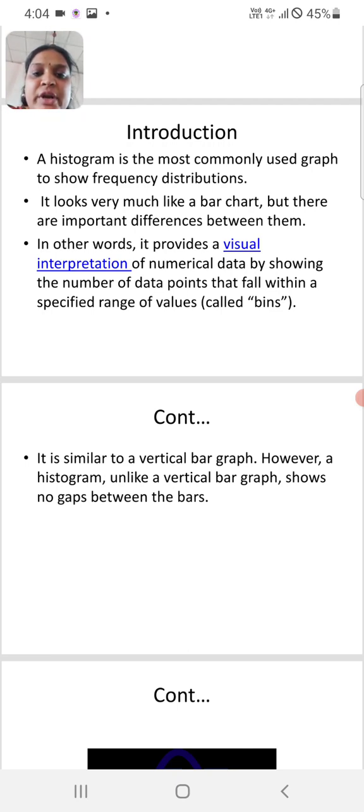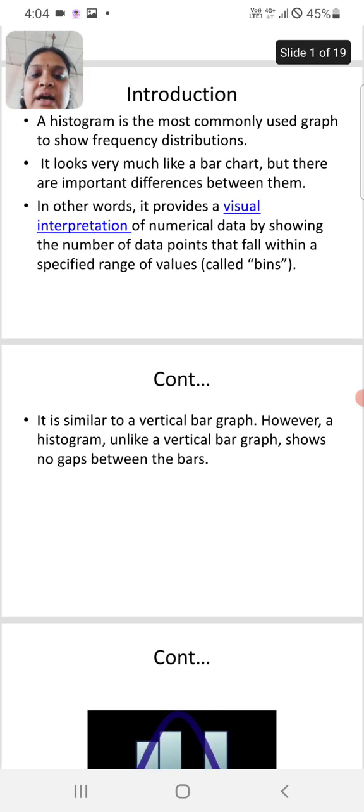And one more point: it represents data interpretation of numerical data, which shows the number of data points that fall within a specific range of values, which we name a bin.